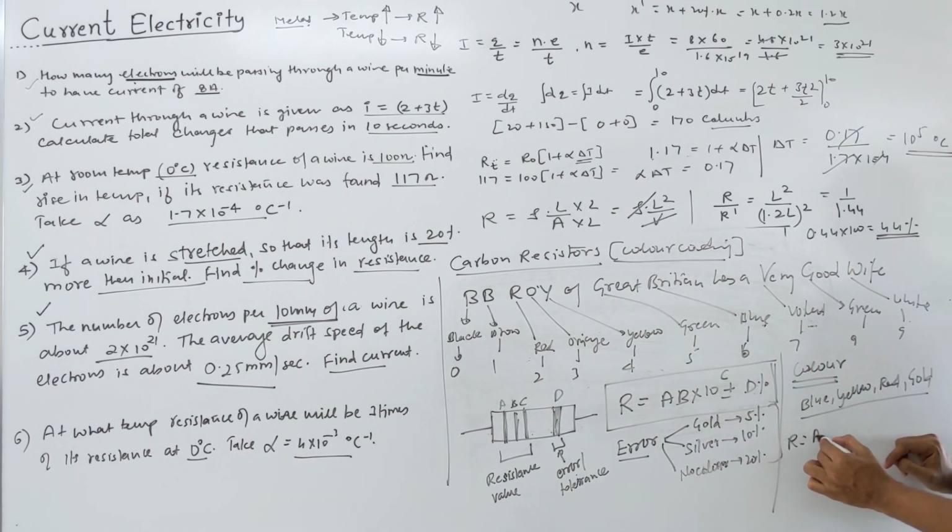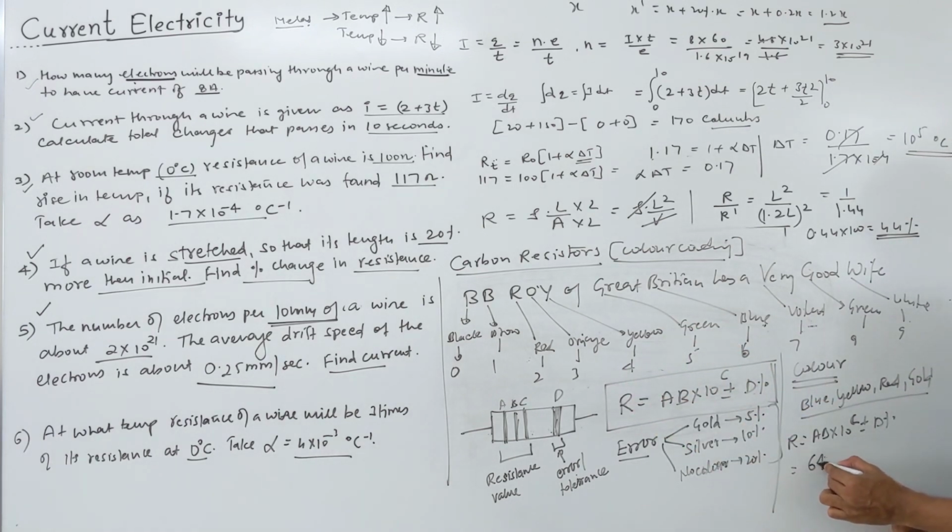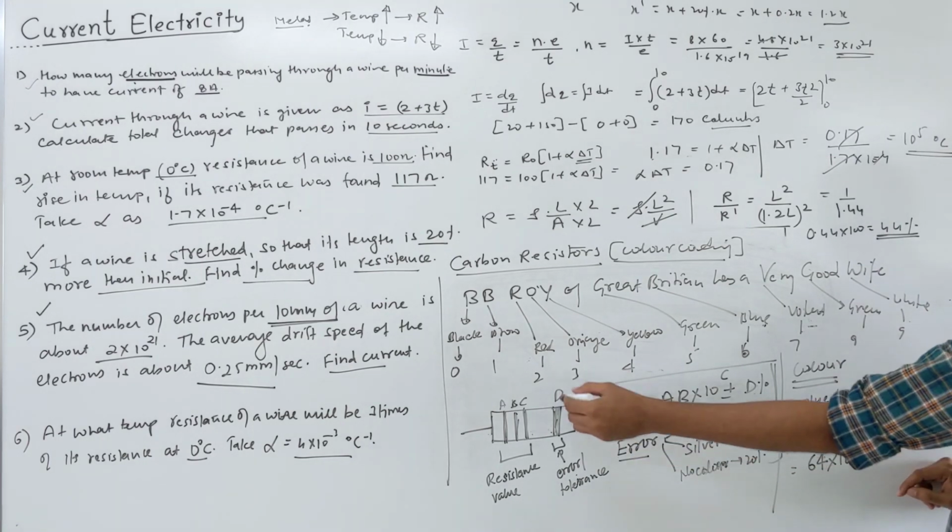What is the formula? AB into 10 power C plus minus D percent. A means the blue strip, and that number is 6. Yellow is here, which means 4. So it becomes 64, not 6 into 4. They are not multiplying. Put them together. 6 and 4 means 64 into 10 power C. Red color has 2.